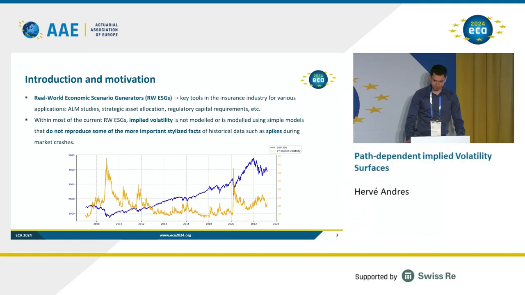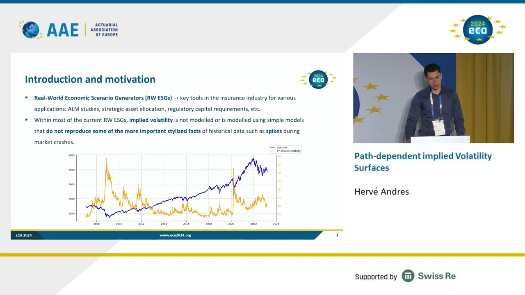And the starting point of this work is the observation that in many current ESGs, economic scenario generators, real-world economic scenario generators, there is one risk factor that is either not modeled or modeled through quite simple assumptions, and this risk factor is implied volatility.